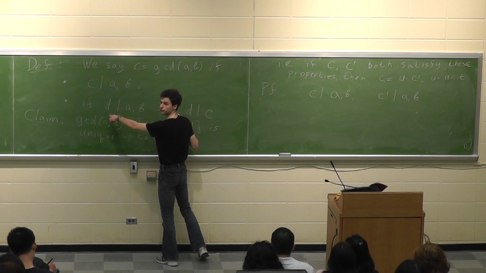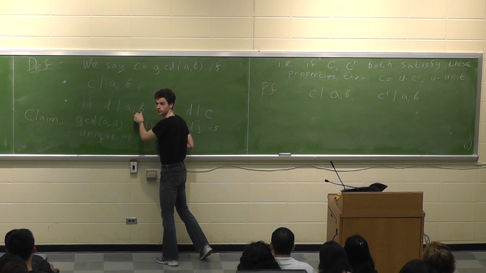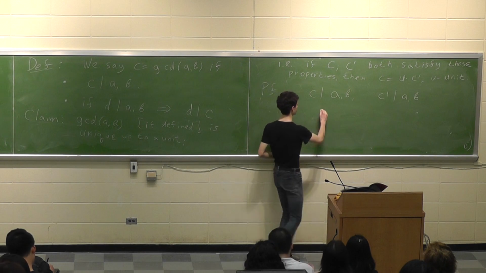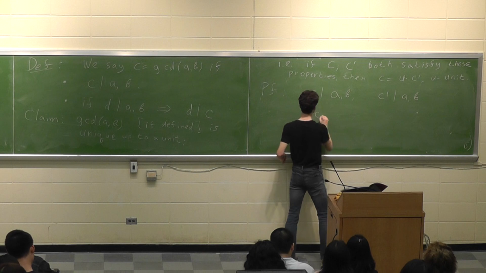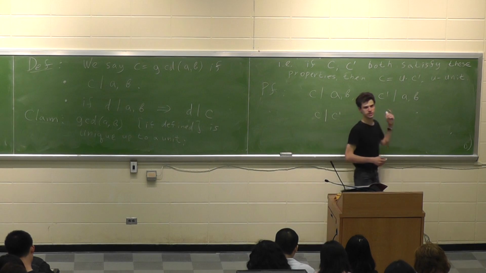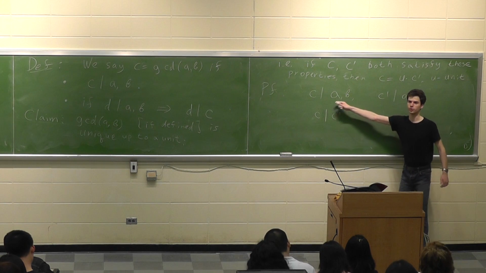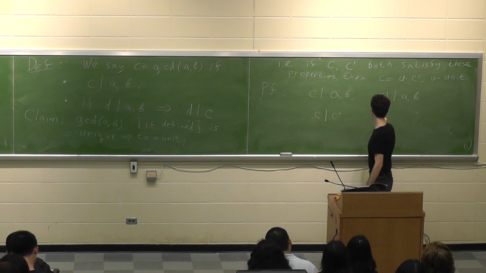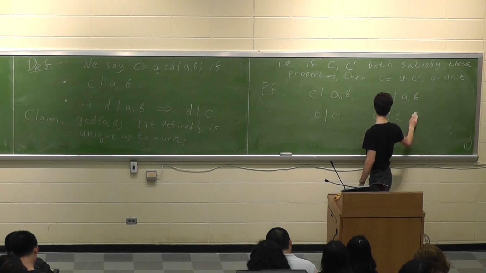Now, if you have any divisor of A and B, for example C prime, then C divides. So from this it follows that C is the divisor of C prime. And vice versa. C is the divisor of both A and B, hence this number divides C. So C prime is the divisor of C.